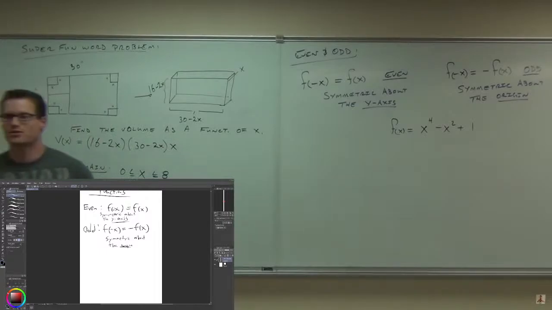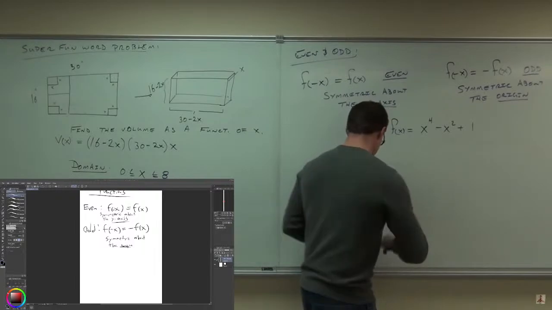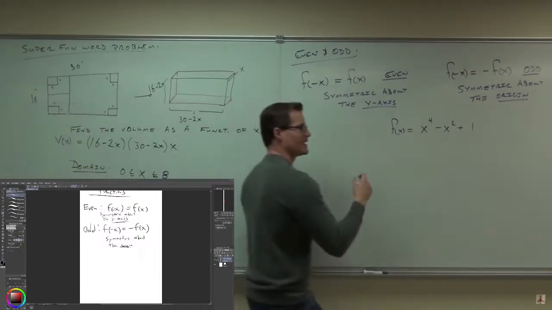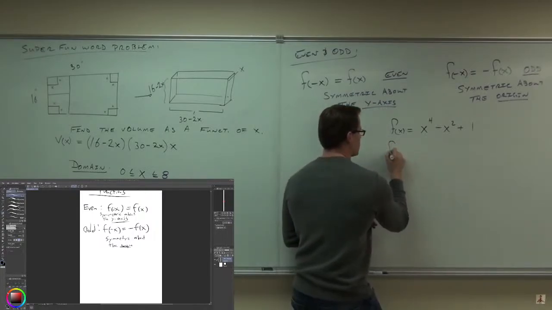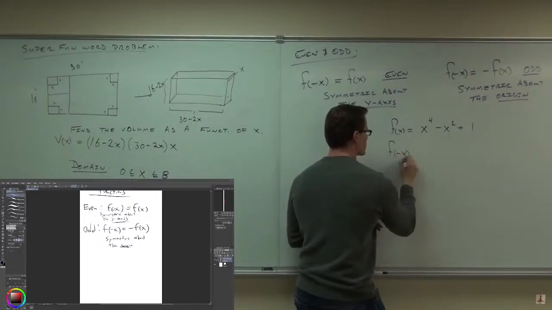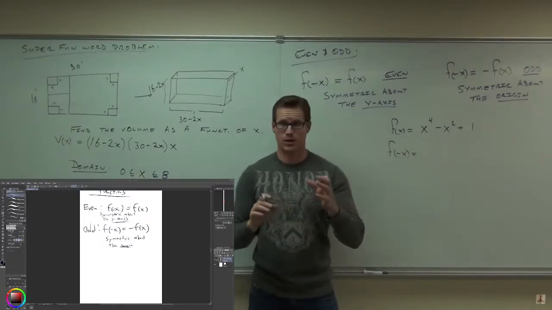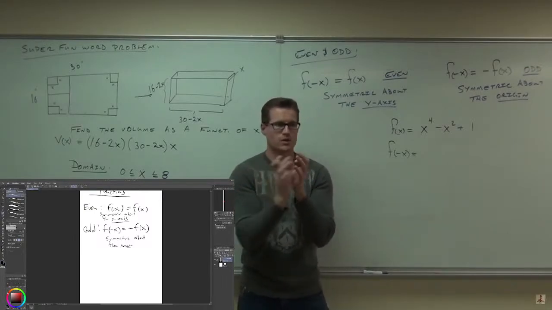Here's how you test whether something is even or odd. What you do is you plug in the -x and you see what happens. So I'm going to find f of -x. What that means is that for every place I have an x, I'm now going to put a -x inside some parentheses. It's like you're composing a couple functions.